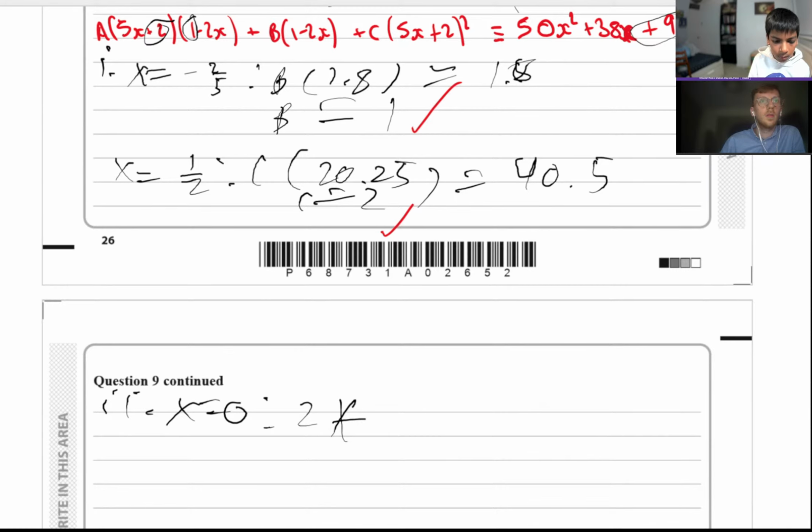Good. And then 1 minus 2x just goes to 1. So plus b, that's 1. Yeah, so 2a plus b, which we know is 1.